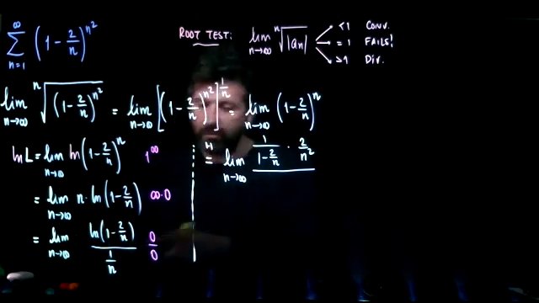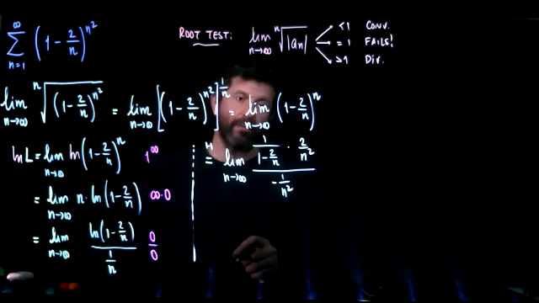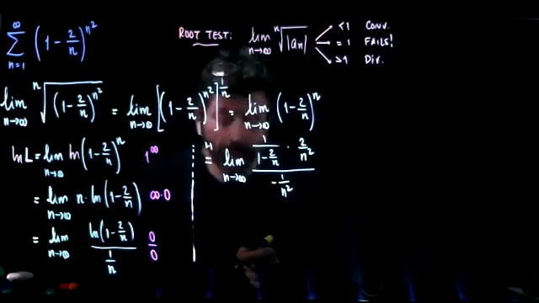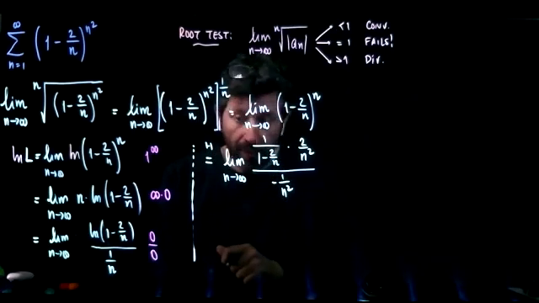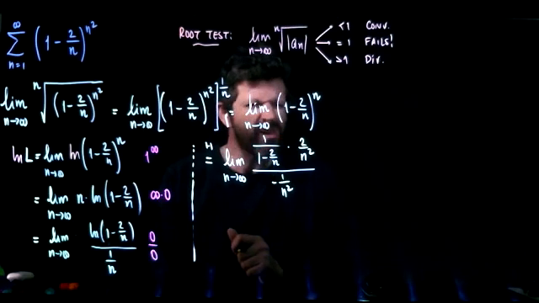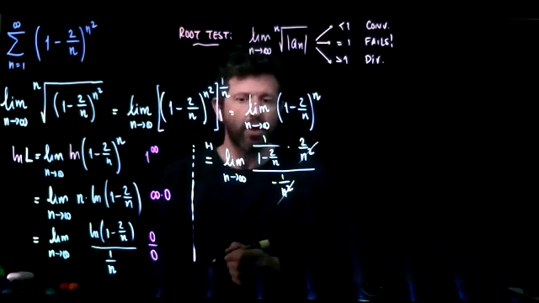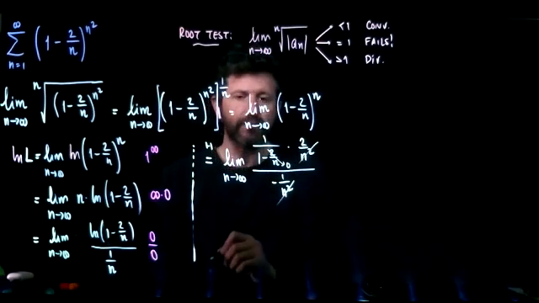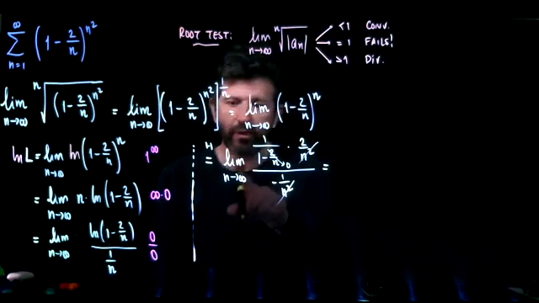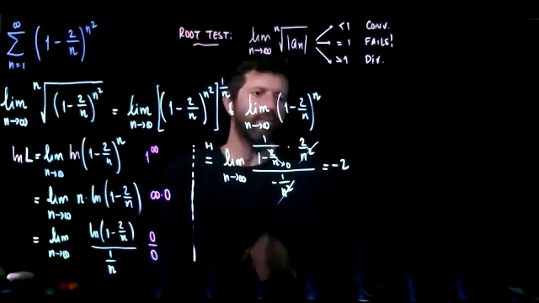And the derivative of the bottom, the derivative of 1 over n, is negative 1 over n squared, that you should remember from calculus 1. Okay, and what happens now? n squared and n squared, they disappear. When n goes to infinity, 2 over n goes to 0. And so what am I left with? I'm left with 1 times 2 over minus 1. So I just have negative 2.